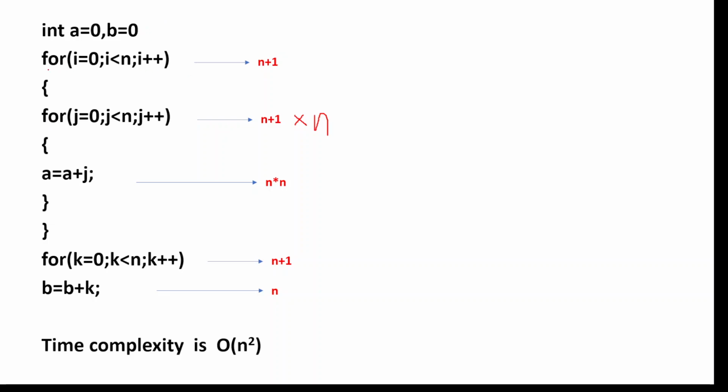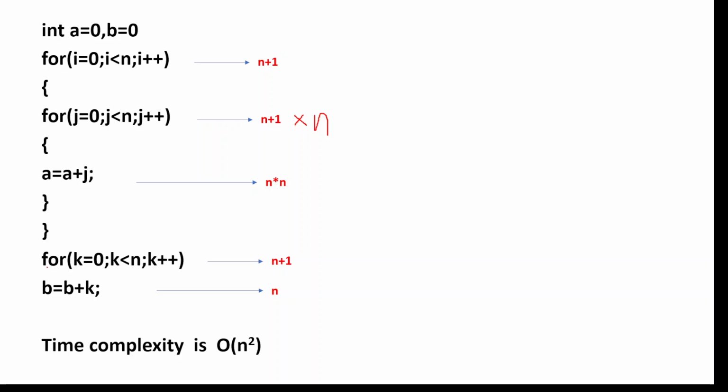N plus 1 time, only the outer for loop checking condition gets executed, it fails and it comes out. So this is nothing but n into n plus 1, and the inner statement will get executed n times for each value of j, and multiplied by n, because for each value of i, the j loop is getting executed n times. So it is n into n.